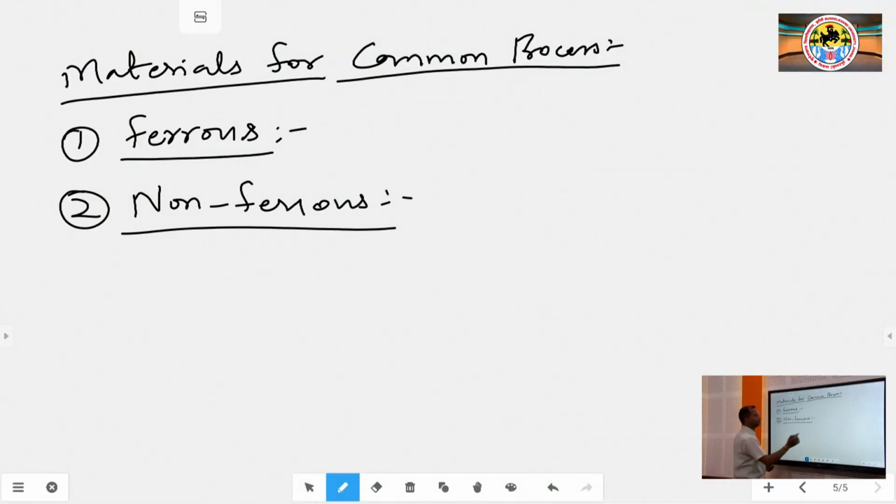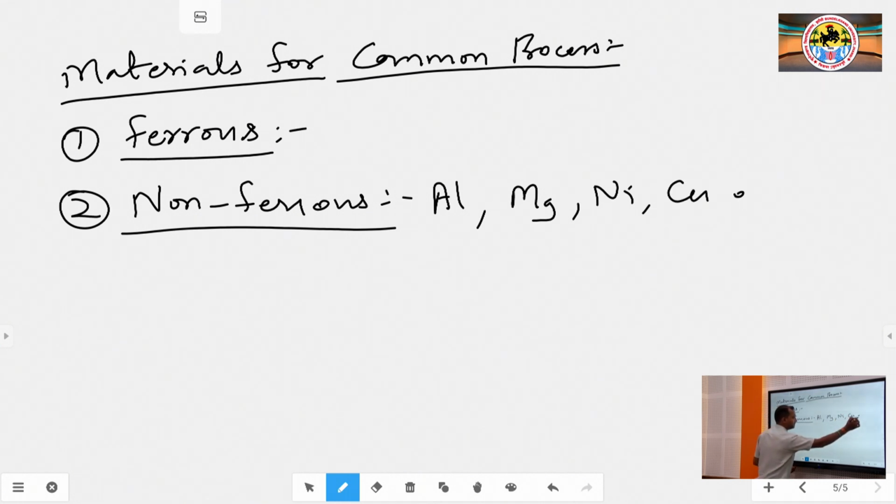Materials under the category of non-ferrous are like aluminum, magnesium, nickel, copper, etc. Beyond these, we have some other materials which can be treated as low melting temperature materials and do not have any iron, like zinc, tin and cobalt.